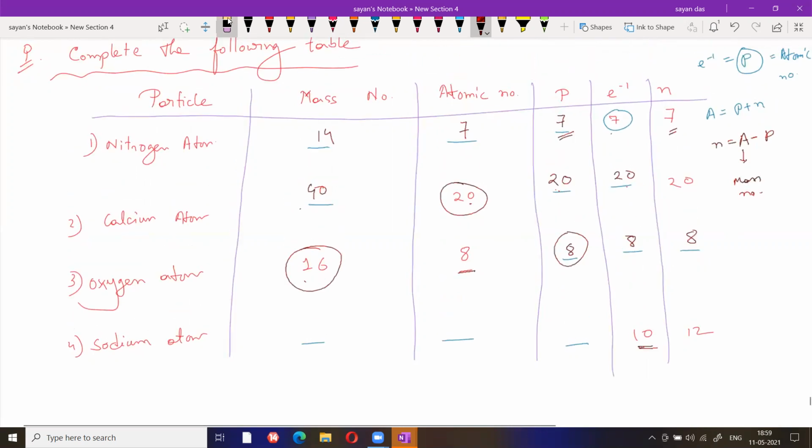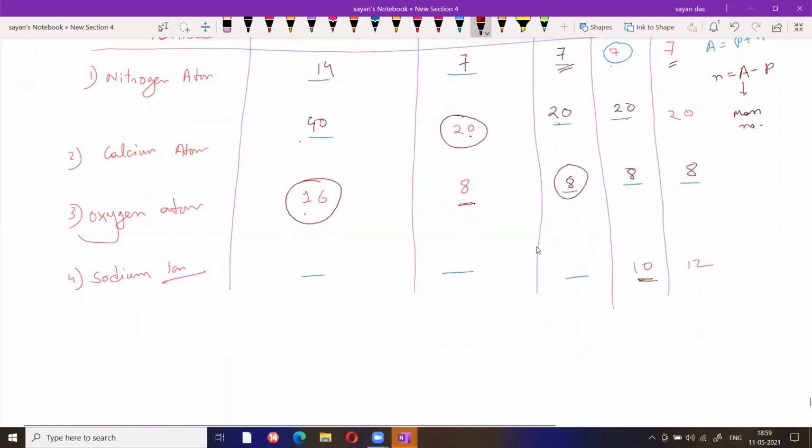And sodium, oh, this is a sodium ion, not an atom. Just correct this one. Now the mass number is 23 for sodium. Now how can you calculate? A sodium ion can be Na plus or Na minus. If it is Na plus, then one electron is removed, so the proton number is greater than the electron number.